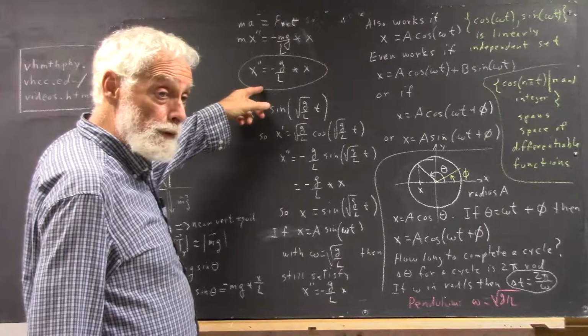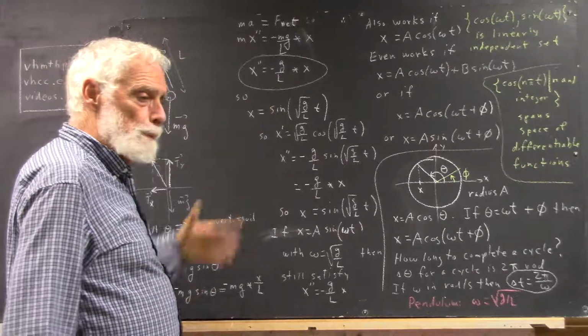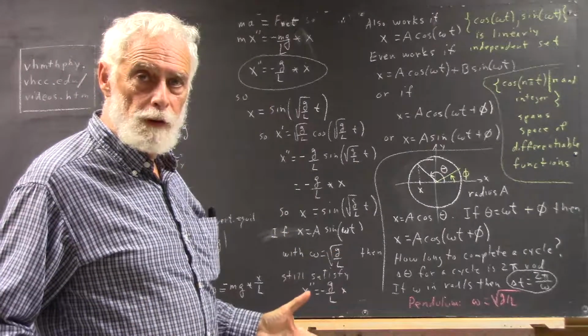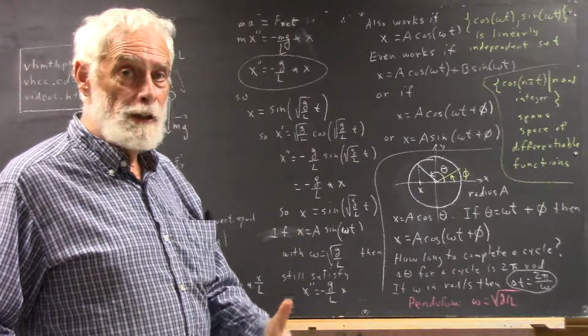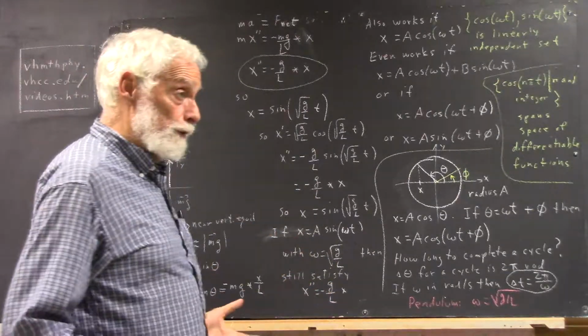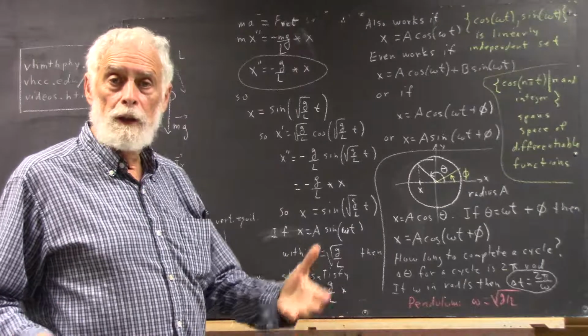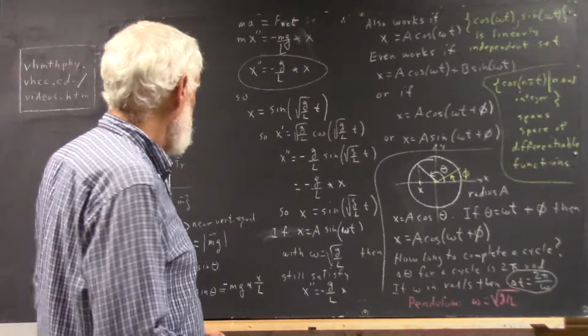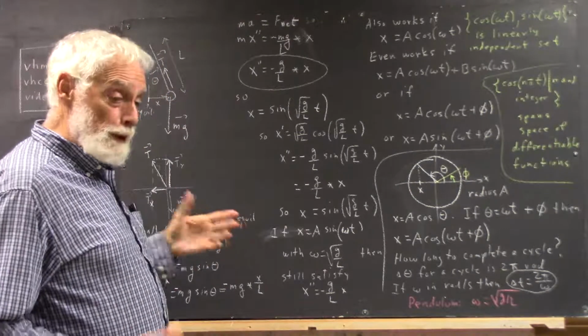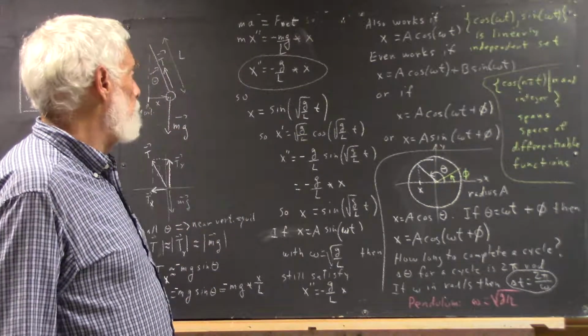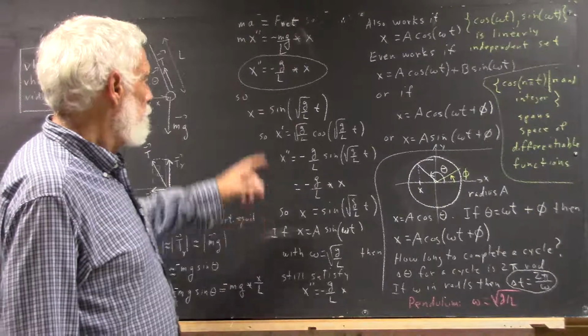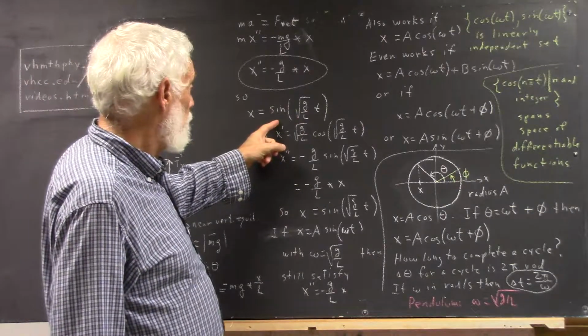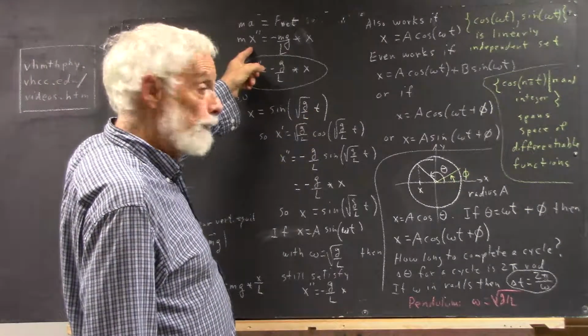Now, the solutions to this equation, we can't prove that these are the only solutions, but I'll simply tell you it's not difficult to prove that they're the only solutions. It's one of the things you do early in a differential equations course, but we can't assume that you're at that point. But it is easy to prove. First of all, you can prove just by substituting this function back into this equation.